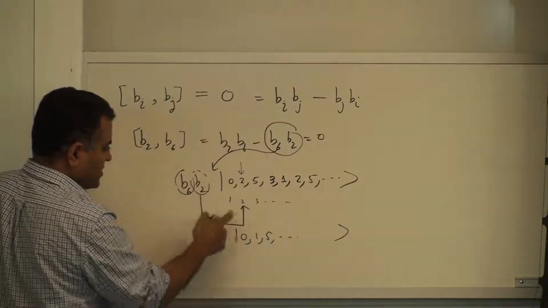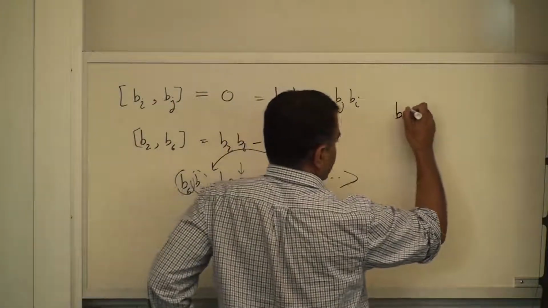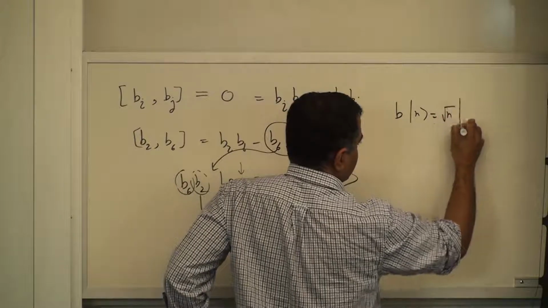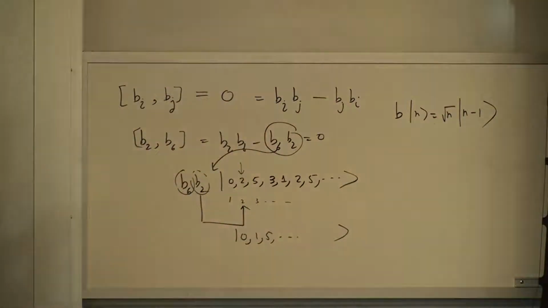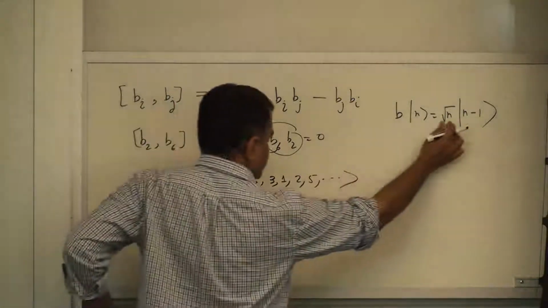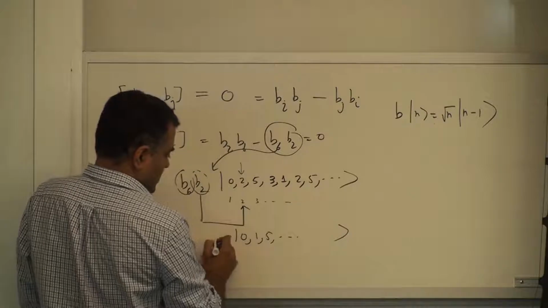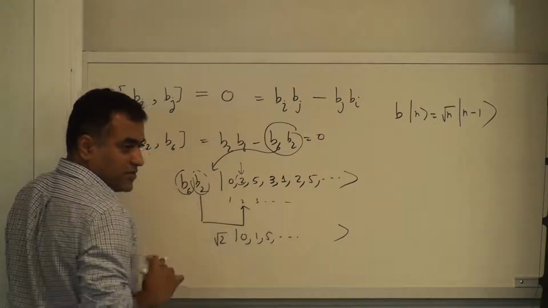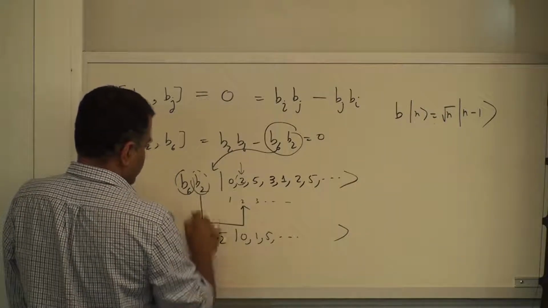But it will also give you a coefficient, because when an annihilation operator acts on a state n, it gives you square root of n times the state n minus 1. So it reduces the state, but gives you this normalization coefficient. It will give you square root of 2.